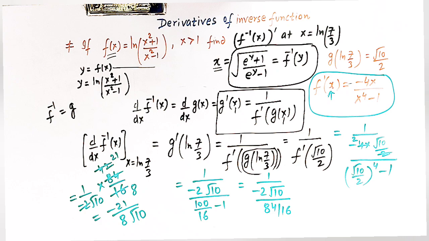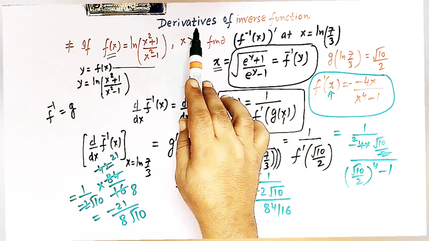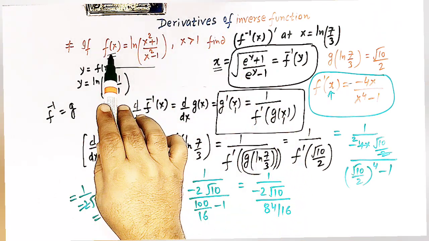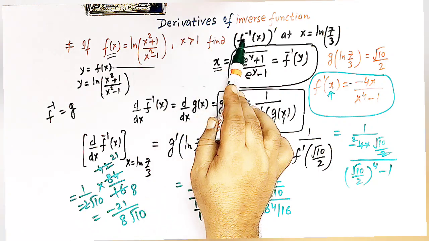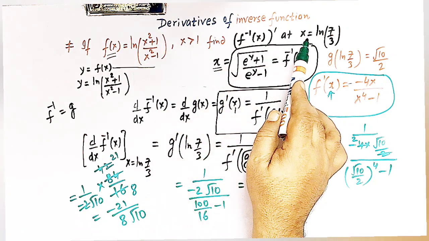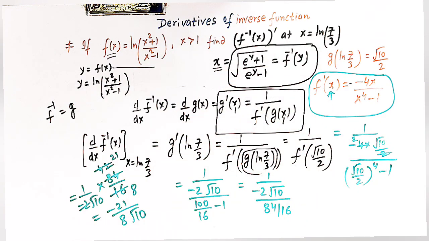So viewers, the value of the derivative of the inverse function, that is f inverse of x, at this point x is equal to natural log of 7 over 3, is given by this number, that is minus 21 over 8 times square root of 10.